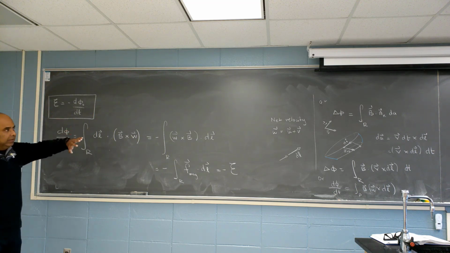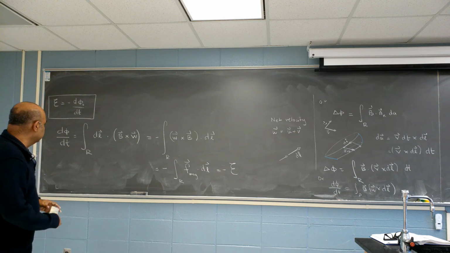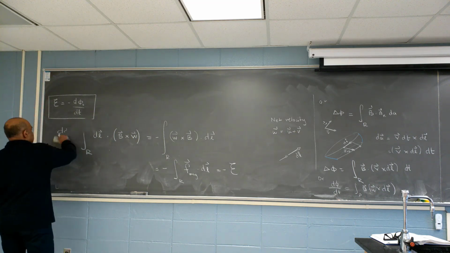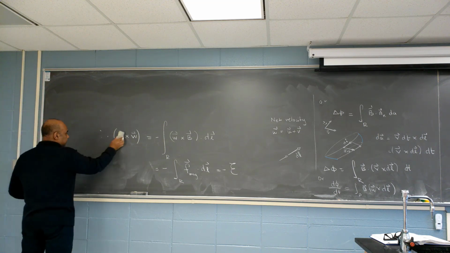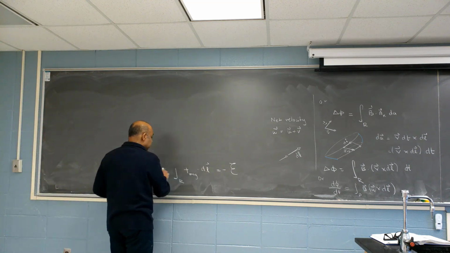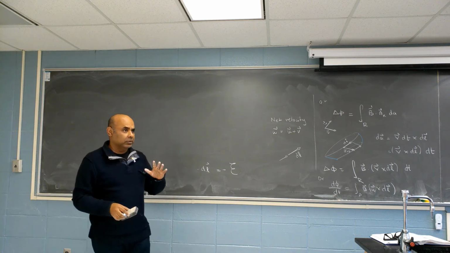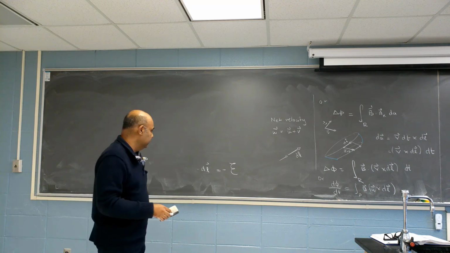Now, in some sense, you can forget all the details here, and let me tell you a story. It doesn't matter how you create an EMF. Again, I didn't show this, and if you want, after today's lecture, I could show this. It's only a minor modification of this proof.